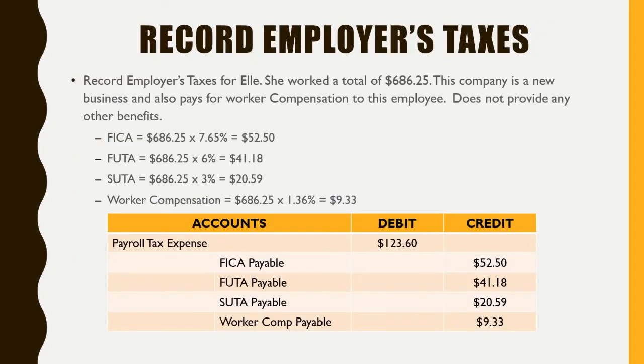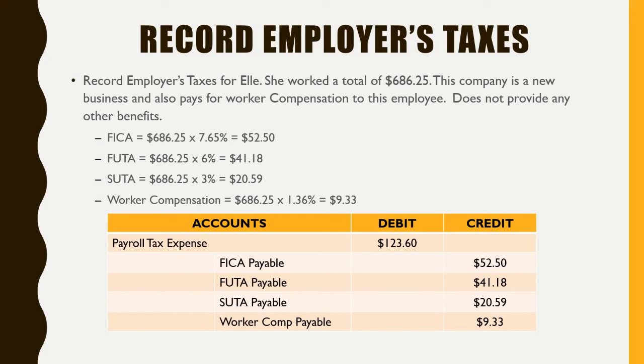So in this case, the first thing we have is federal FICA, which is the Federal Insurance Contributions Act, which is a requirement for L. We've already calculated that as $52.50. FUTA, which is going to be 6% of gross pay, is $41.18.